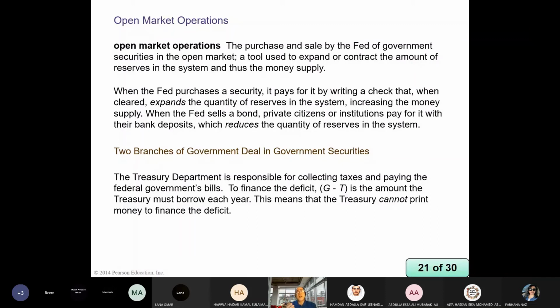So what will happen if the central bank sells national bonds? The central bank will sell national bonds to Farhane. I, as the central bank, will give Farhane a piece of paper which is called a national bond. It is not part of the money supply.